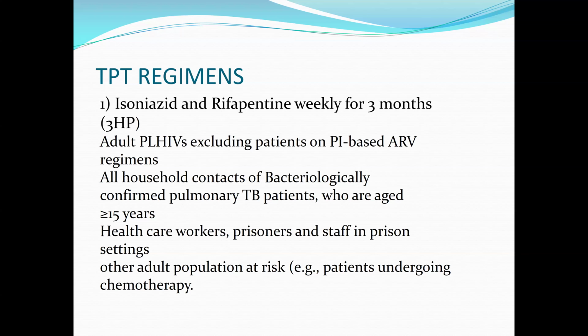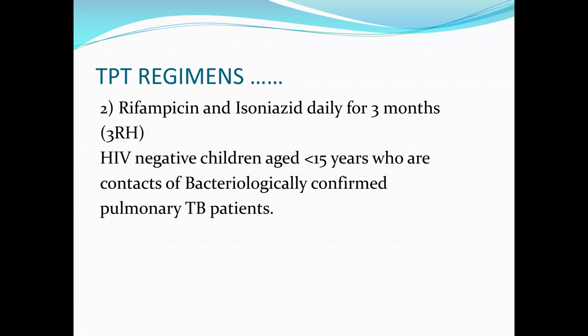The second regimen is rifampicin and isoniazid, a daily dose for 3 months. This one is given to people who are HIV negative, and to children aged less than 15 years who are contacts of bacteriologically confirmed pulmonary tuberculosis.